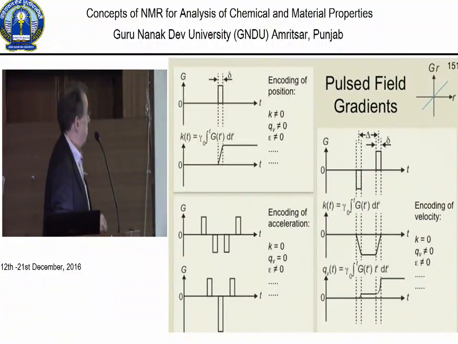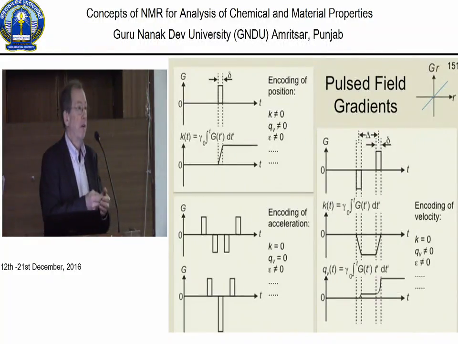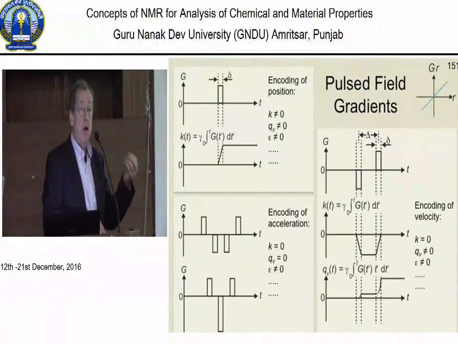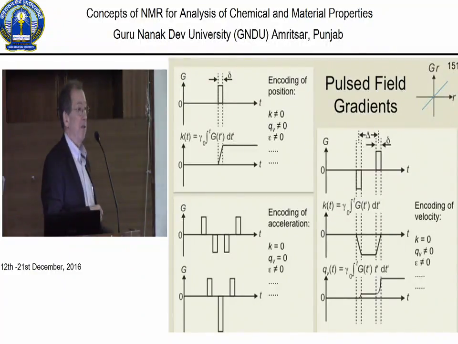And if you talk about q, the wave number that was defined in the slide before, then you take the gradient modulation function times time, and q now has a finite value. So if q has a finite value, that's the Fourier conjugate variable to velocity, then in this way you can encode velocity by making sure you switch your gradient in such a way that q has a finite value and k is 0.